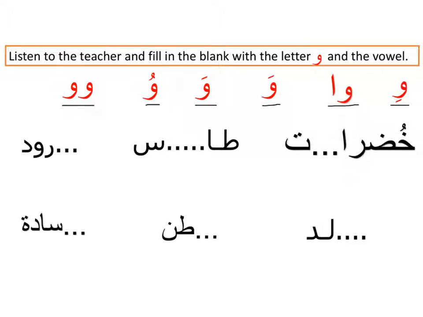Now the first word says khudrawat. The missing part here is wa. So which one on the top of this red wa is wa?